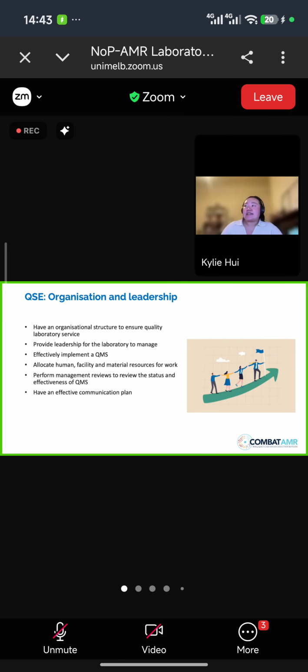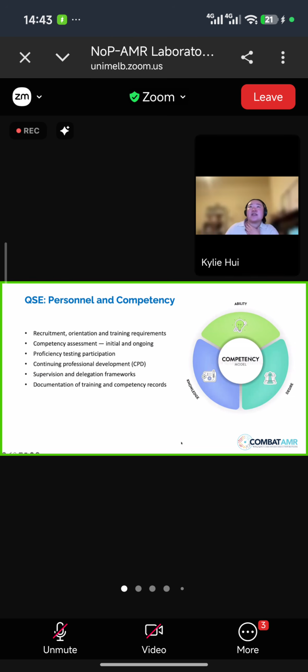We will use it to allocate human, facility, and material resources for the work that we want to achieve in the laboratory. And we want to perform all the management reviews to review the status and effectiveness of the quality management system. It's also really important to have an effective communication plan. So this is this element of the QSE.